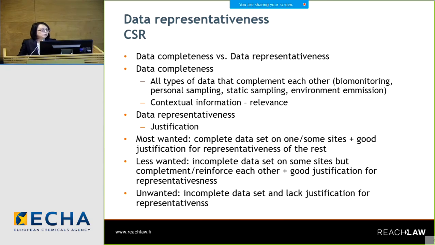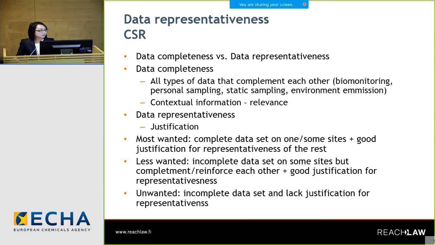And also another thing is, of course, what has already been said, that the contextual information is very important. This is what the rapporteurs use to judge whether the data is relevant or not. By contextual information, we mean, for example, if I have biomonitoring data, what this person was doing during that day, which task this data is related to.